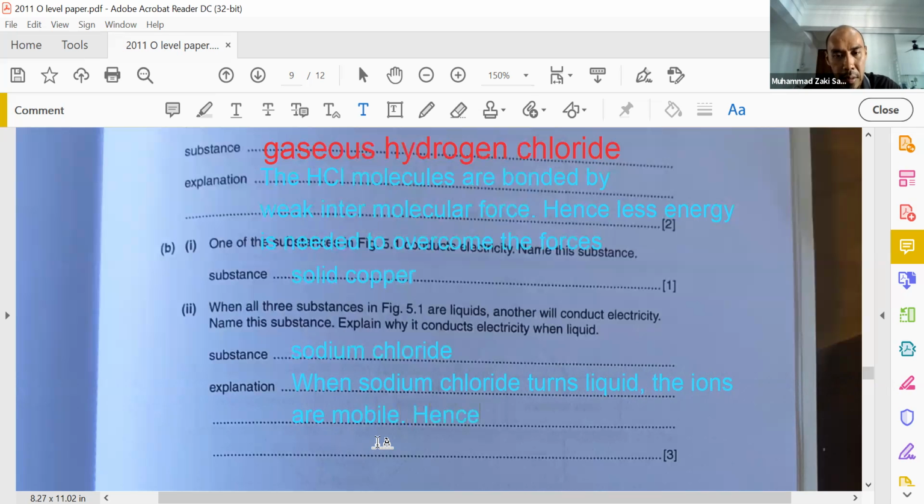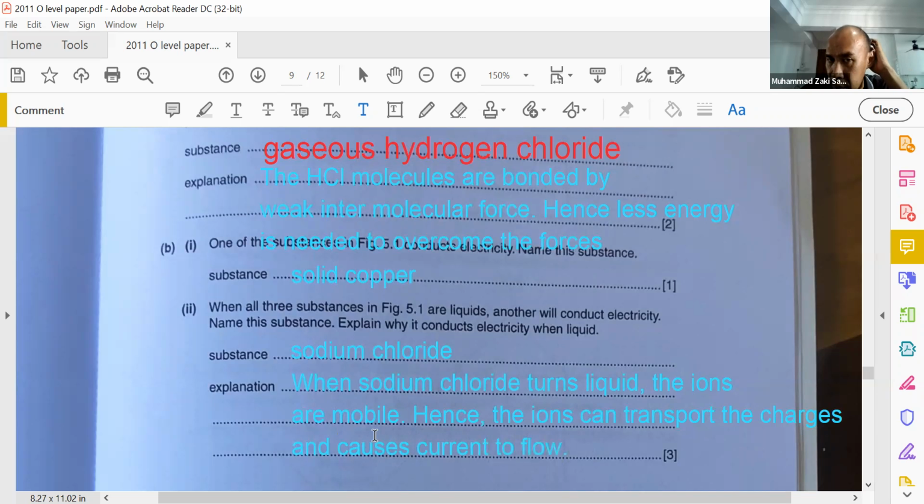Hence the ions can transport the charges and cause current to flow.